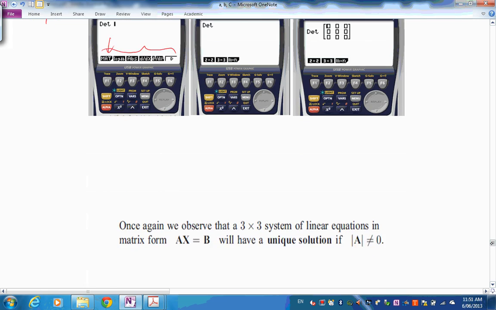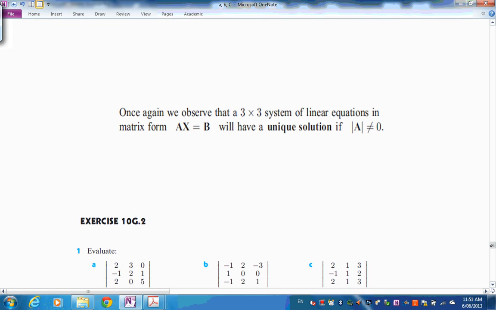Let's go down now and have a look at what we need to know about the determinant of 3 by 3. If you have a 3 by 3 system and you put it in that form, it's going to have a unique solution, again, as long as you can multiply in there by the inverse. And as with the 2 by 2, we don't do the maths of this. As with the 2 by 2, the determinant of the 3 by 3 cannot be 0. If the determinant of the 3 by 3 is 0, then you cannot find an inverse.